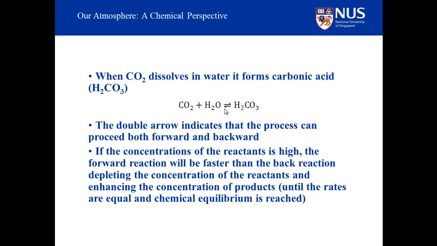Conversely, if the concentration of the products is high, the reverse reaction proceeds more rapidly, and the products become depleted and reactants enriched until the rates balance. In other words, chemical equilibrium is rapidly achieved in such reactions.